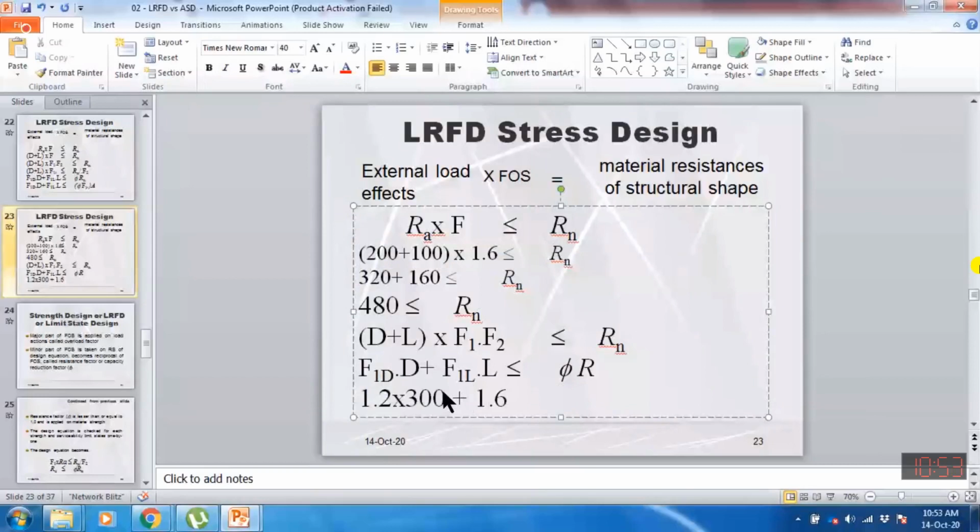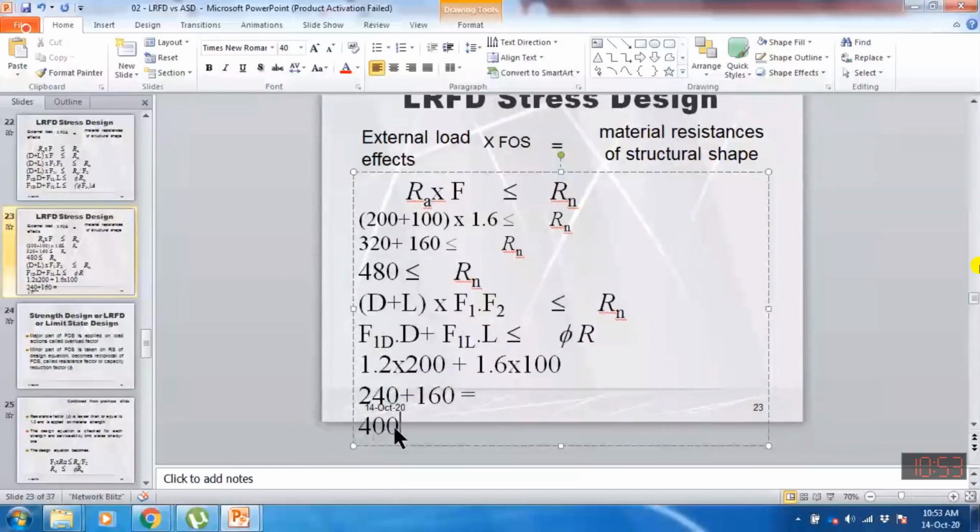So total load will be, sorry, I made a mistake here. So this will be 240 plus 160. What is the total load here? It will be less. So that will be maybe 300 only, 400.